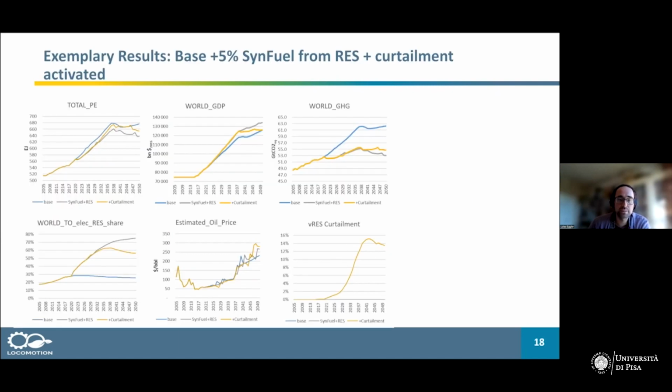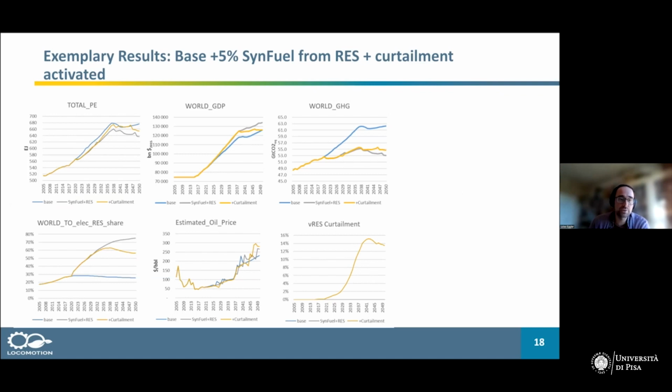What you can see first is that with such high shares of renewables, we actually do see a high share of curtailment. I'm not sure if everybody is familiar with the term. This means that wind or PV are shut down because we have oversupply in certain hours.